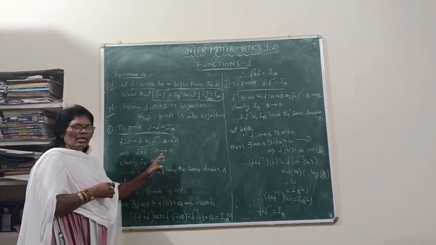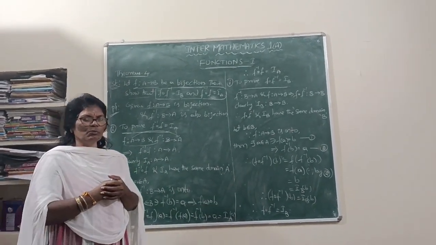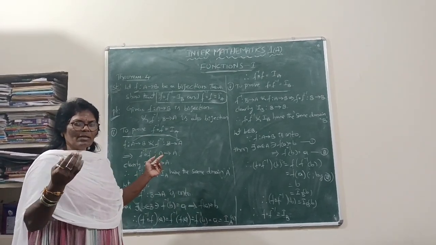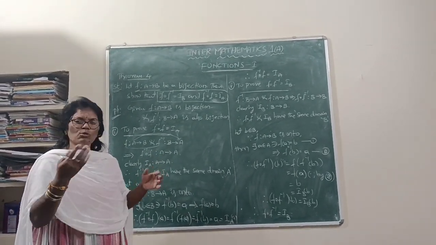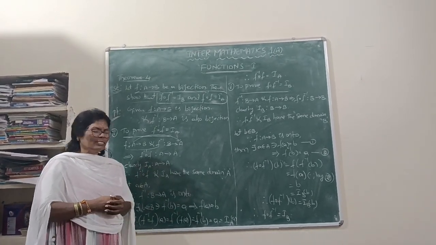And clearly we know that the identity function is also a mapping to itself. So IA is a mapping from A to itself only.